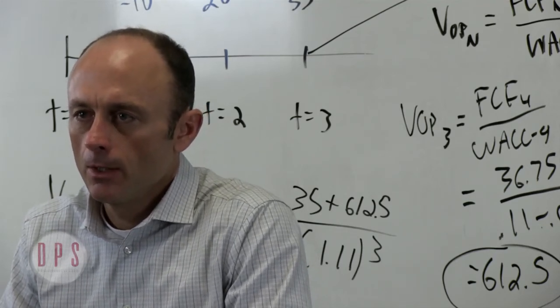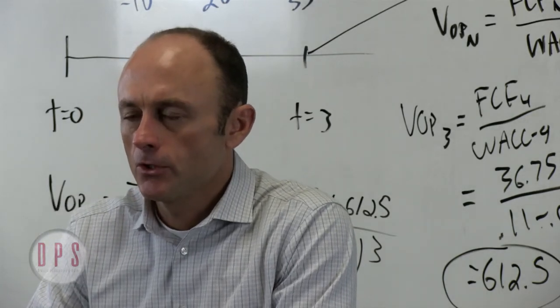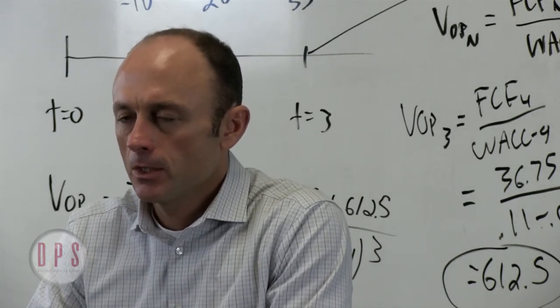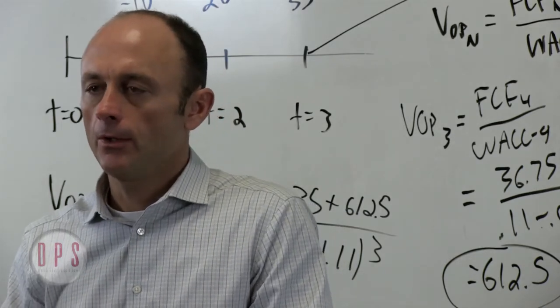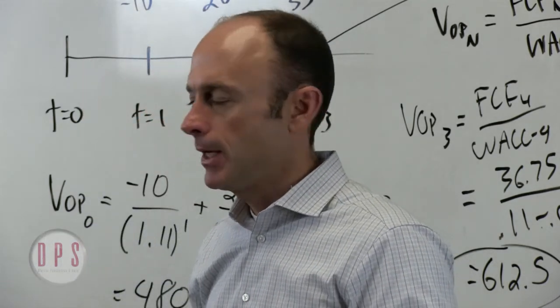One more model I want to cover in this chapter is preferred stock. Preferred stock will sometimes just pay the same amount over and over again without increasing the dividend payments, right?